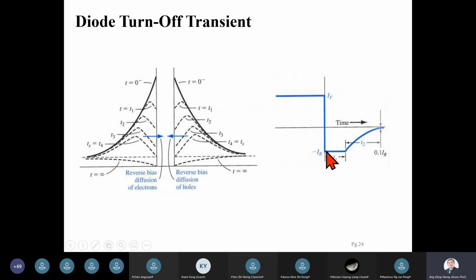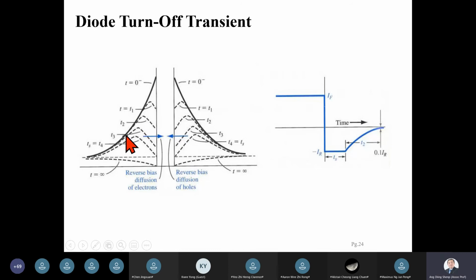And the current flowing through the diode can also be quite large, because the current can be supported by the extraction of the excess minority carrier charge stored. Remember, under reverse bias there will be an extraction of carriers across the junction.